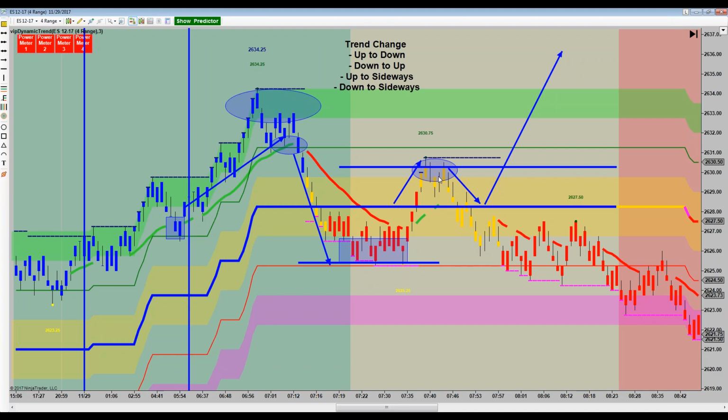In fact, this is a visual clue that you're no longer going up. You're starting to go sideways, and quite possibly this is a lower high and a lower low. We might be going down. Evidenced by this break of this support level and the fact that these bars right here couldn't even get back to the midband.